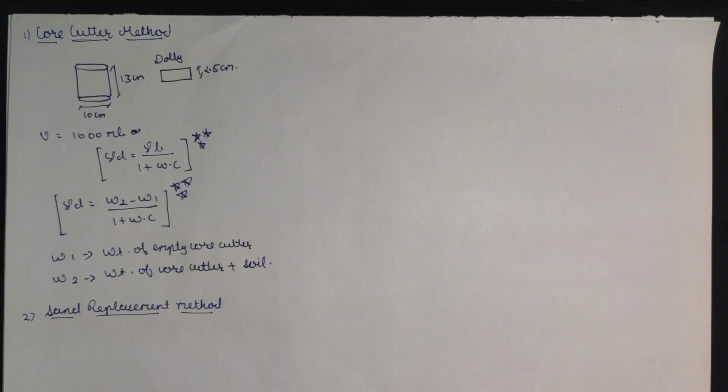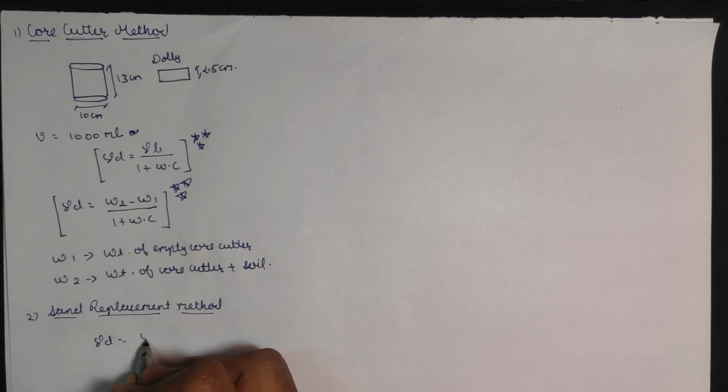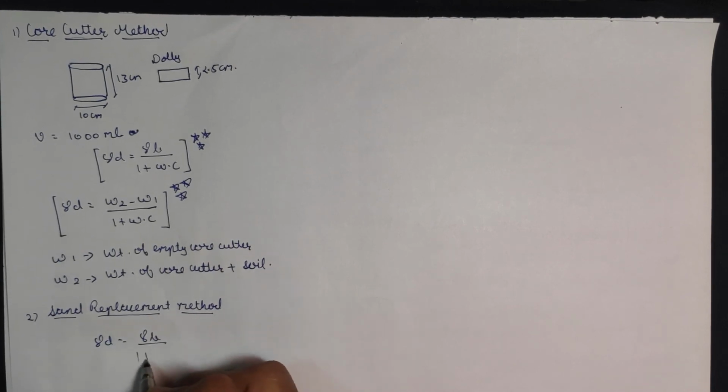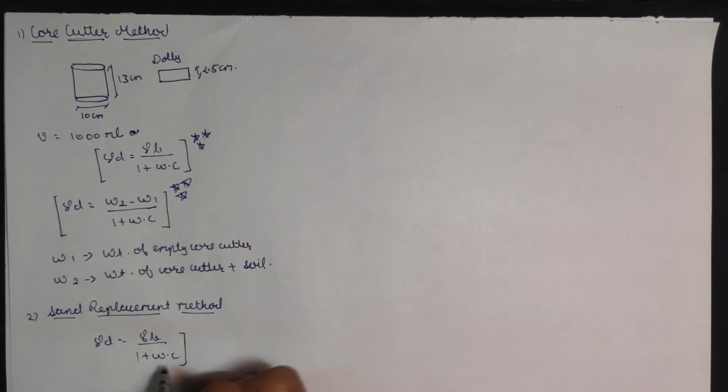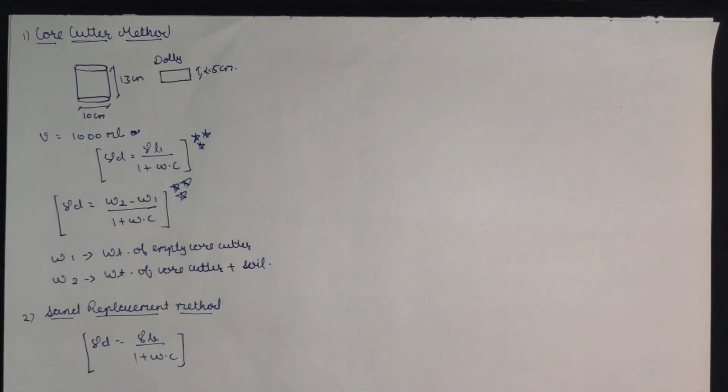The basic formula which we used in the core cutter method, gamma D is equals to gamma B upon 1 plus water content, will be the same for the sand replacement method, and from this formula we can find the water content in sand replacement method also.